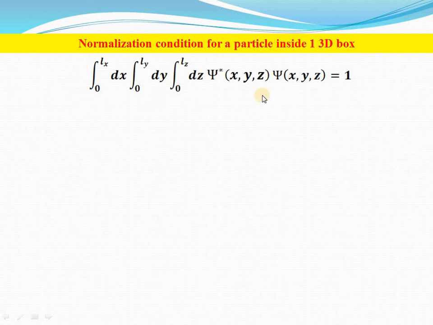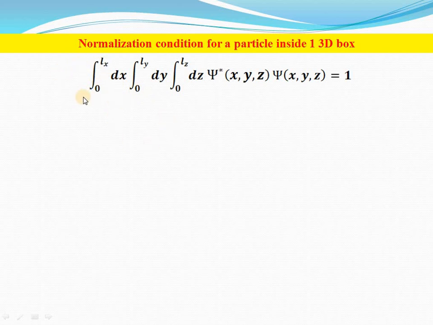If you remember my previous lecture, we did a similar normalization condition for a particle inside a one-dimensional box. In that case, as there is only one dimension, instead of three integrations we had to take only one integration.